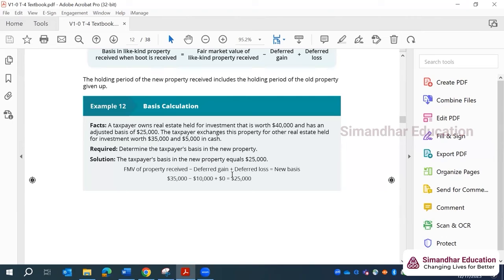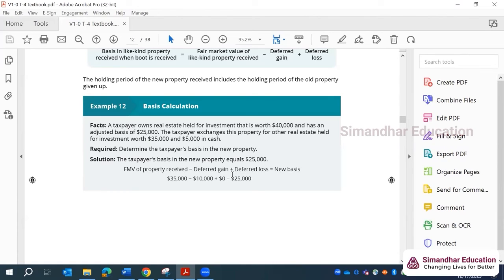$40,000. If I look at the transaction, I gave a property which had a tax basis to me for $25,000. I received boot and property which is worth $40,000. So how much gain have I realized in this transaction? $15,000, right?